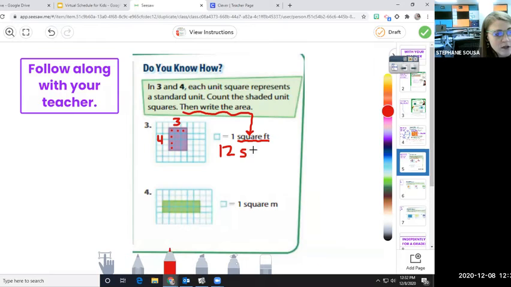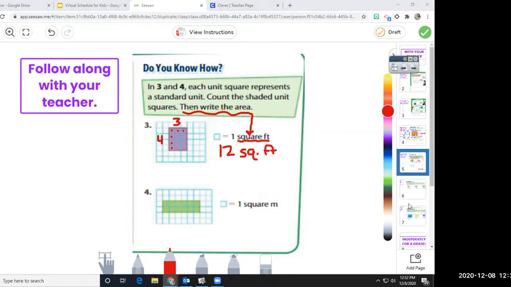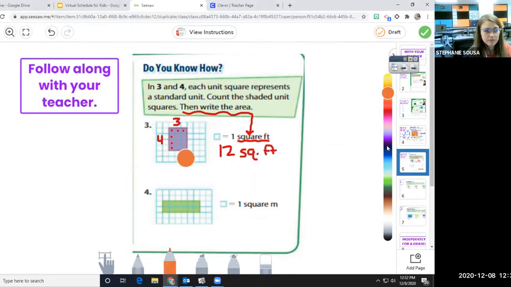So my answer is 12 square feet. Questions on number 3?